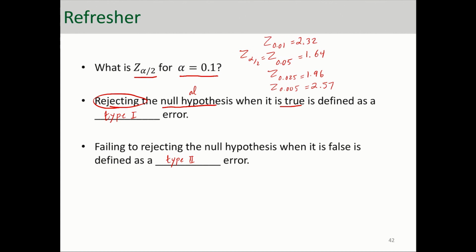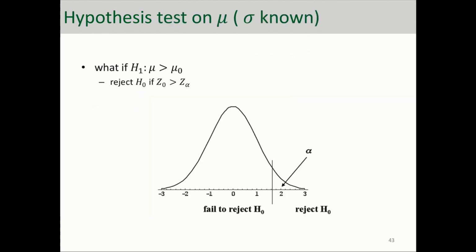With that quick refresher of what we talked about so far, let's jump into a new type of hypothesis testing, and that is the one-sided hypothesis test. Here it says, what if the alternative hypothesis, H1, is mu greater than mu naught? Mu naught is a number; depending on your test, it can have any value.